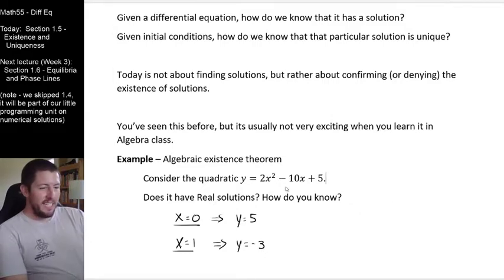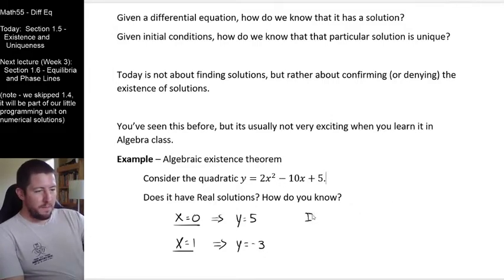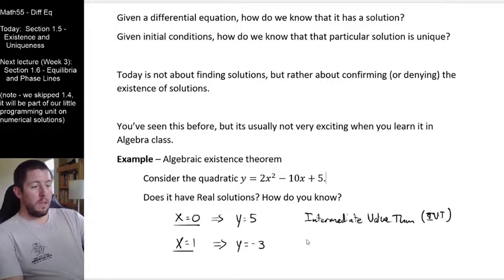What we know here is that the intermediate value theorem is going to insist that there's got to be a root here. And I know that there's a root between 0 and 1, a real solution.